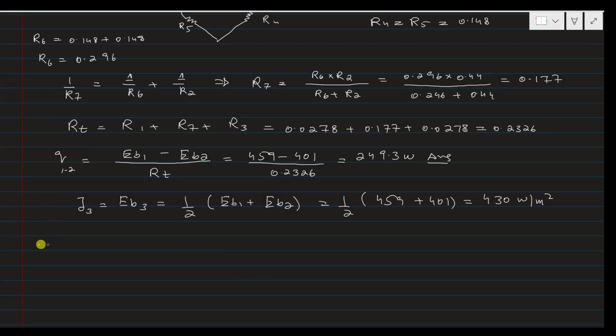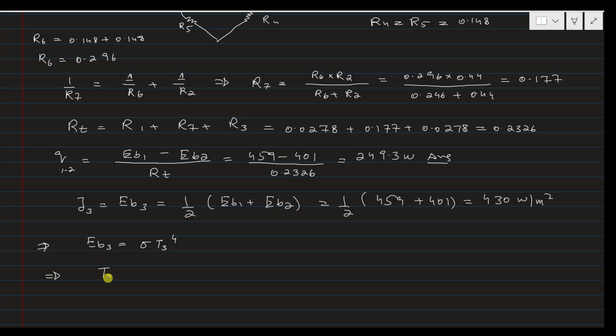I can also say that EB3, that is the emissive power of the valve, that is perfectly insulated, is equal to sigma T3 to the power 4. Very interesting to find the temperature of the valve.